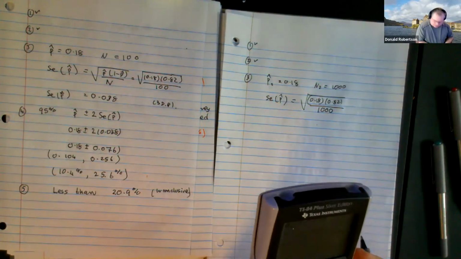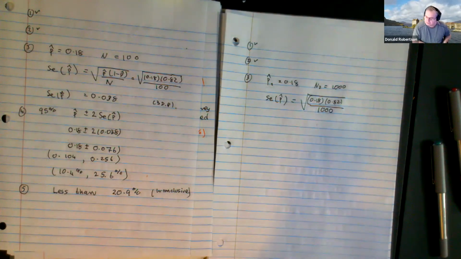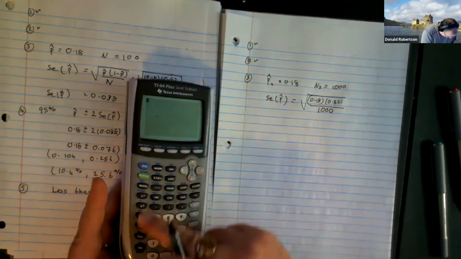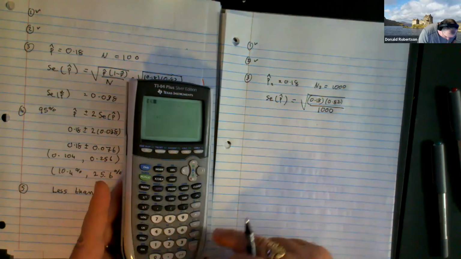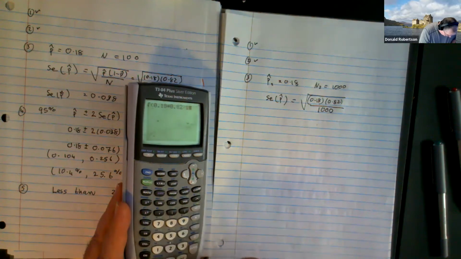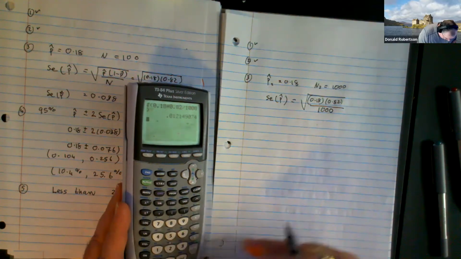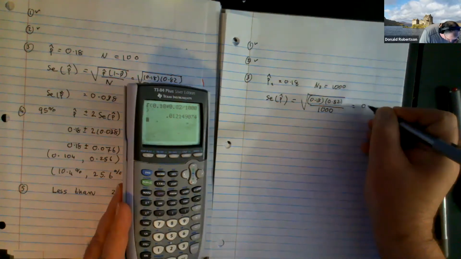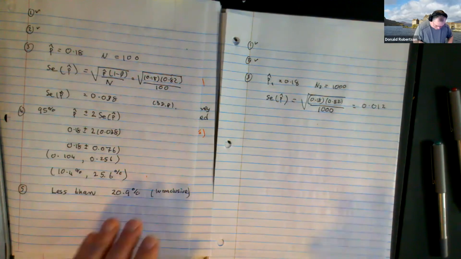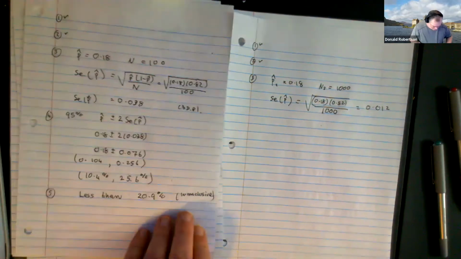So won't that make the standard error smaller? Let's see how much smaller. Square root of 0.18 times 0.82 divided by 1,000. And the answer that we get is 0.012. Okay.